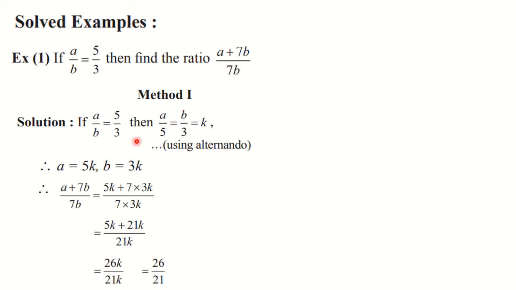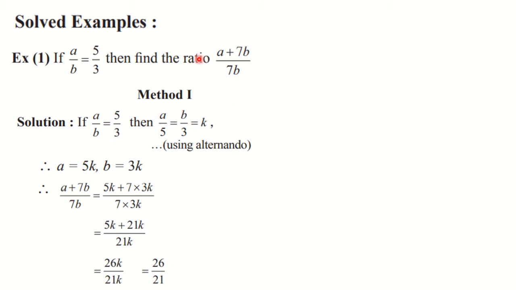If you don't want, you can skip this step. Here only you can write a upon b is equal to 5 upon 3, therefore a is equal to 5k and b is equal to 3k, because you know that a common multiple is present here and we are taking it as k.